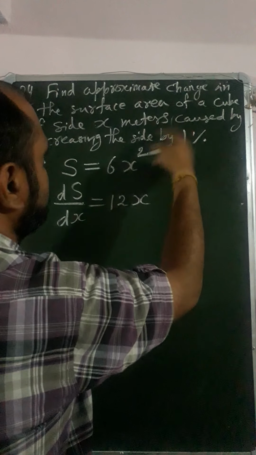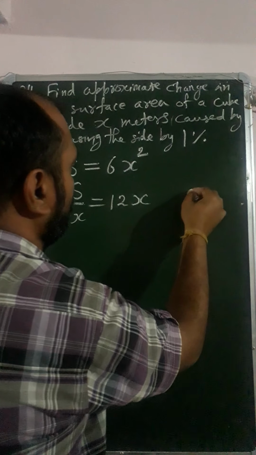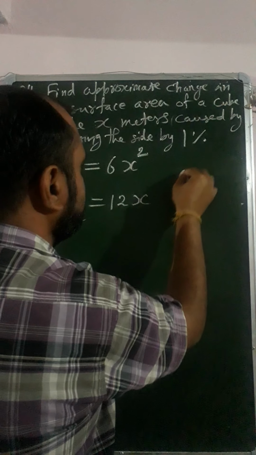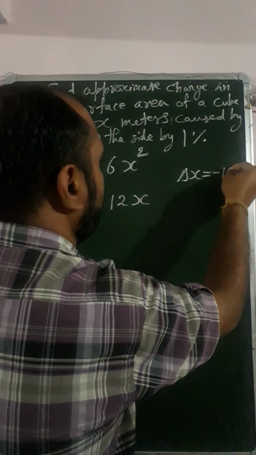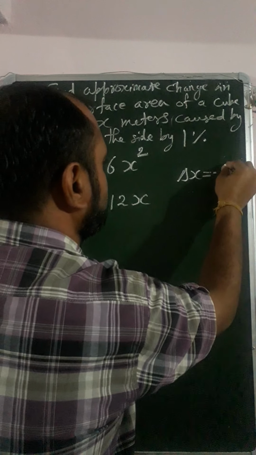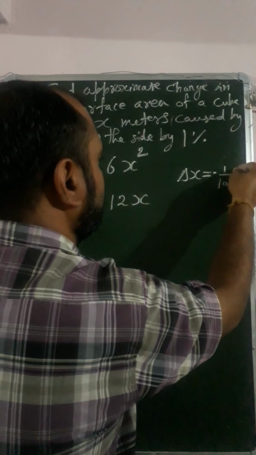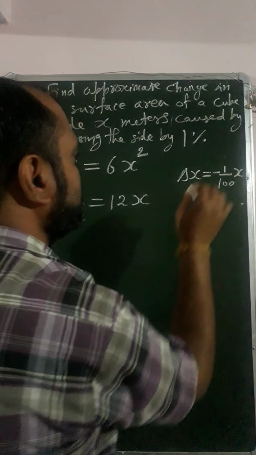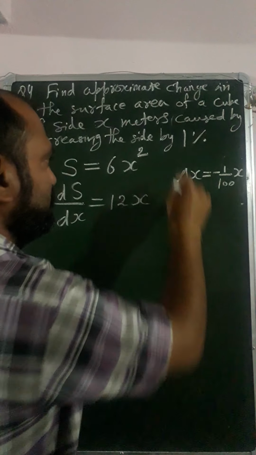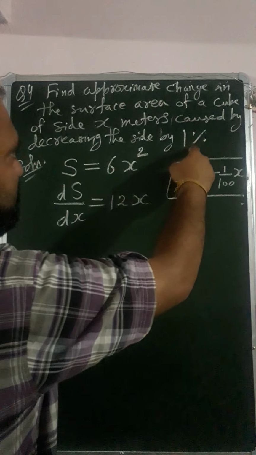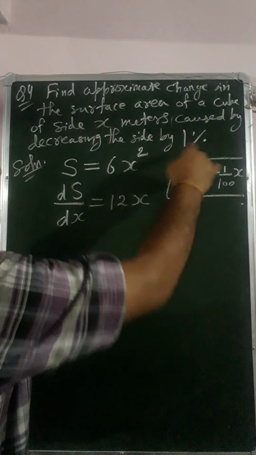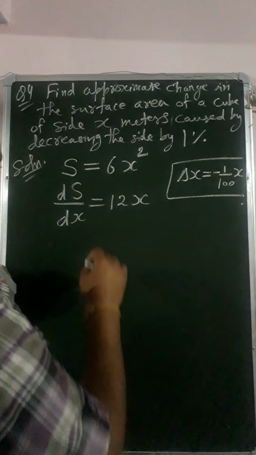As it is mentioned that it is decreased, it is given that delta x is equal to minus 1% of x. So you have to put delta x equal to this. It is given in the question that this x is decreased by 1%.